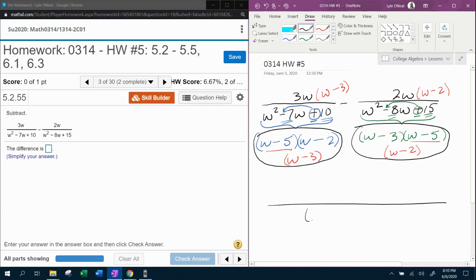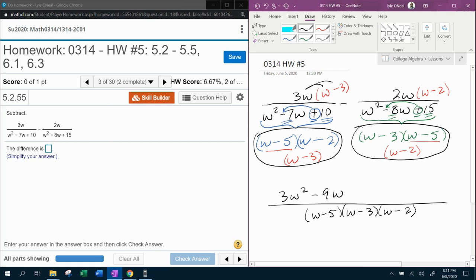So we're going to have our common denominator, W minus 5, W minus 3, W minus 2. And if you're wondering, does it matter what order I put those in? It doesn't. You can put those in any order. Next, we're going to need to use the distributive property. 3W times W is 3W squared. 3W times -3 is -9W.